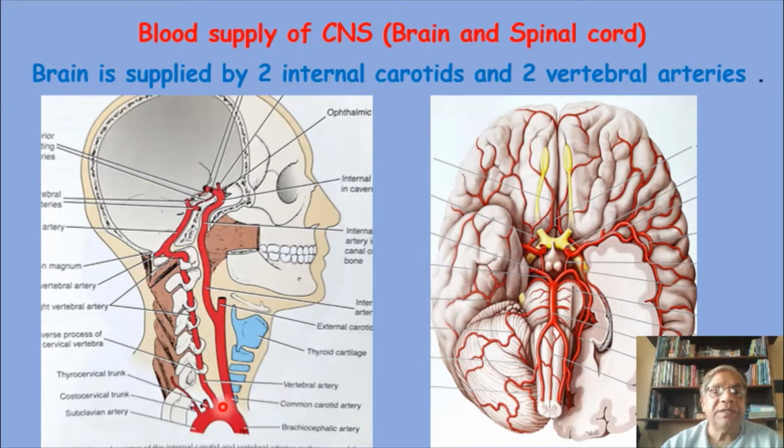Now see the first set of arteries, that is the right and left vertebral arteries. This is a vertebral artery which takes origin here from the subclavian artery.